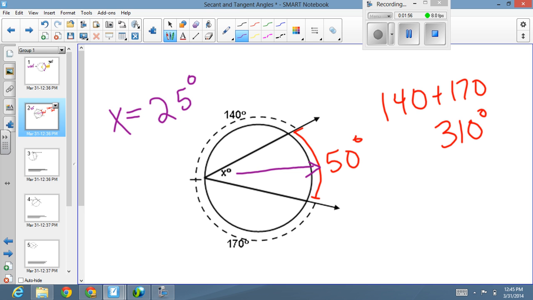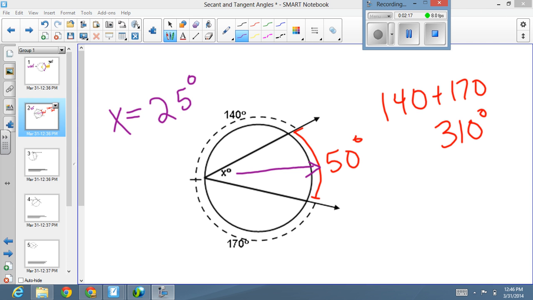So in this case, x is 25 degrees. Once again, an angle on the circle is equal to half of the arc that is across from it.